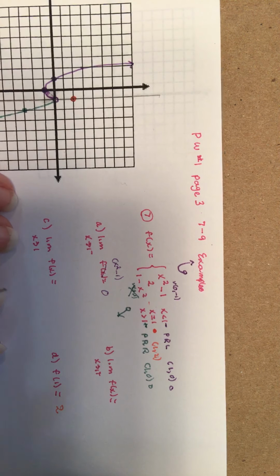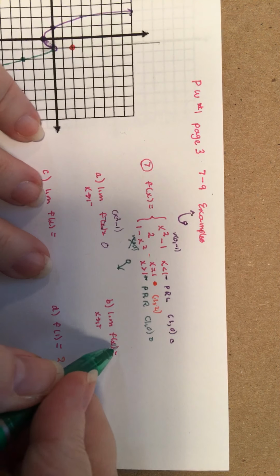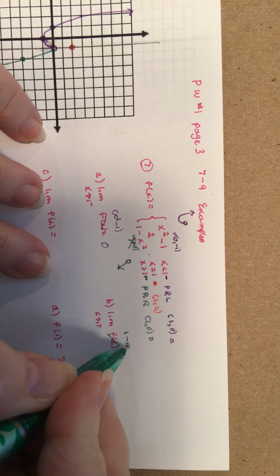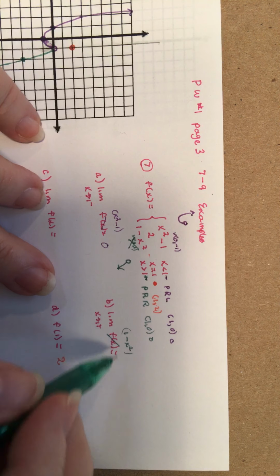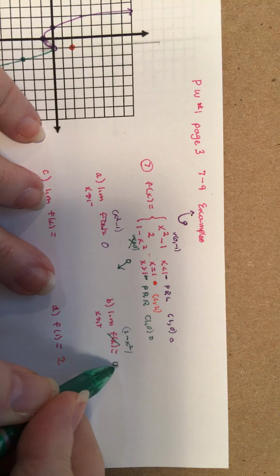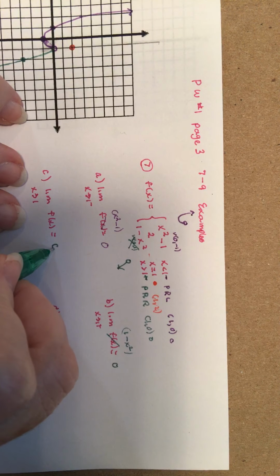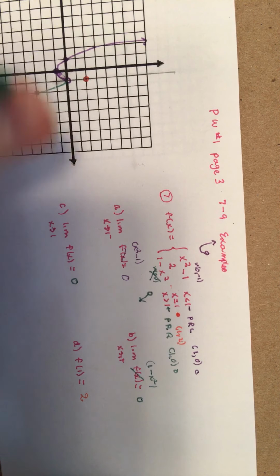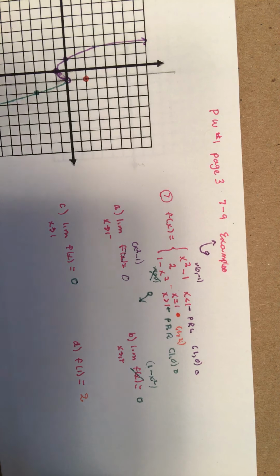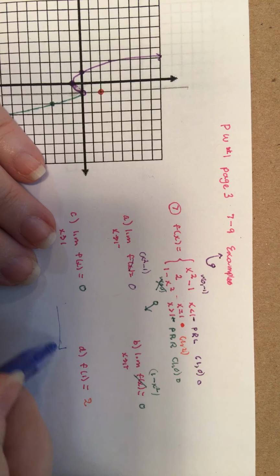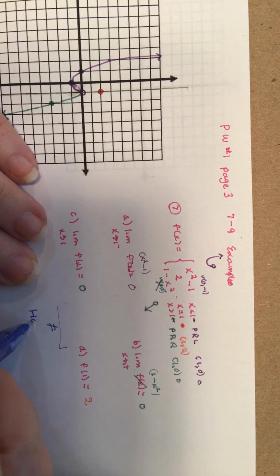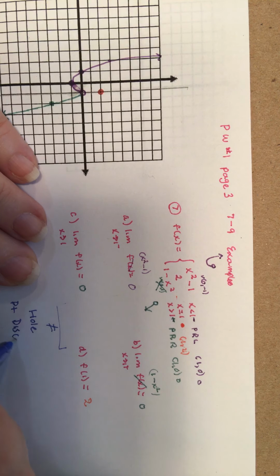And so I come over here and I put in the actual name of f of x when I'm greater than 1. 1 minus 1 is 0. While they're equal, it's 0. But notice these two are not equal. And since these two are not equal, we have a hole or a point discontinuity.